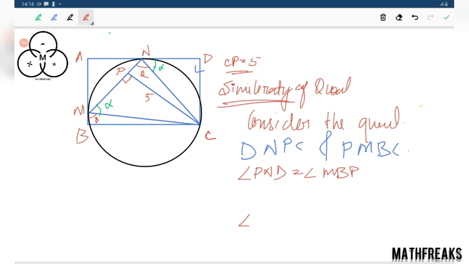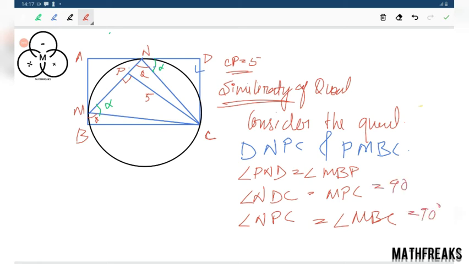Consider NDC angle. Angle NDC equals MPC. And angle MBC, sorry, MBC will be here. Angle MBC should be equal to angle NPC. This is equal to 90 degrees, this is also equal to 90 degrees. So they are similar.